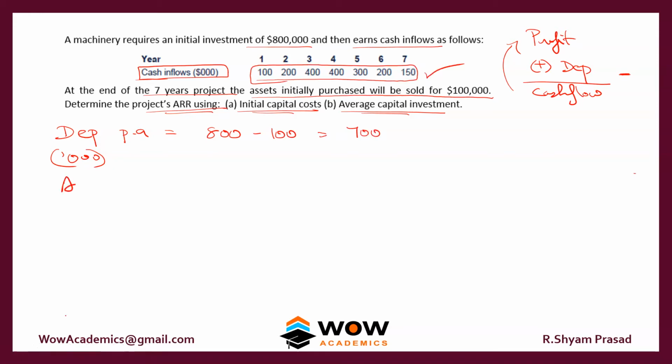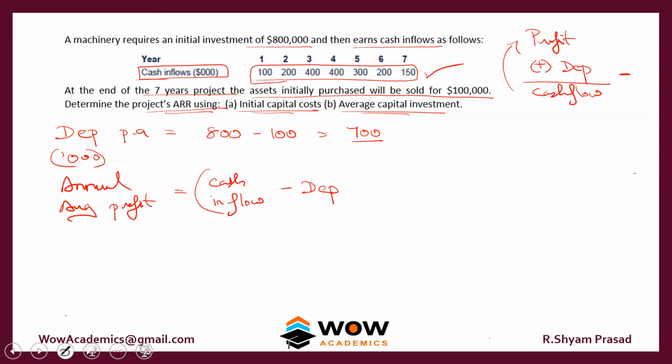Here we have to get a number called annual average profit. The number that has been given is cash inflow. From cash inflows we deduct the depreciation, because if you add depreciation to profit you get cash flow, but when you have cash flow and want profit you have to deduct depreciation.